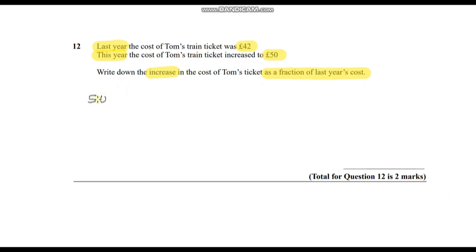So we can just do 50 take away 42, which is going to be £8. So it's increased by £8, but the question says write down the increase as a fraction of last year's cost. So it's £8 out of last year's cost, which was 42. Okay, so the fraction that it's increased by is 8 over 42.